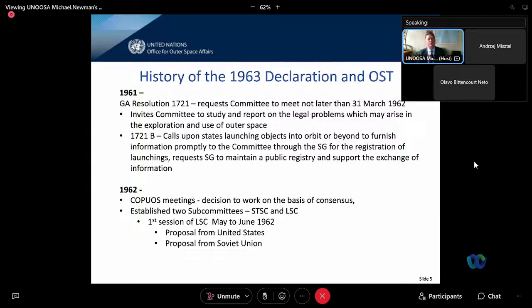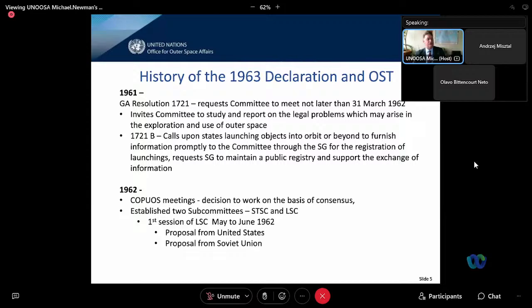And we saw two proposals come through from the United States and a proposal from the Soviet Union. And what did these proposals contain, and how are they related to this work in the ad hoc committee and this identification of legal problems?